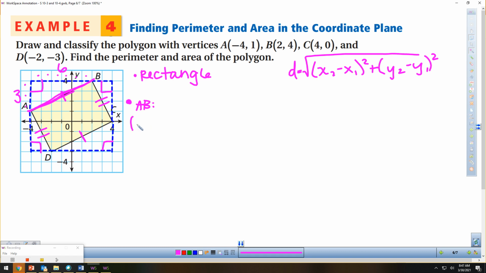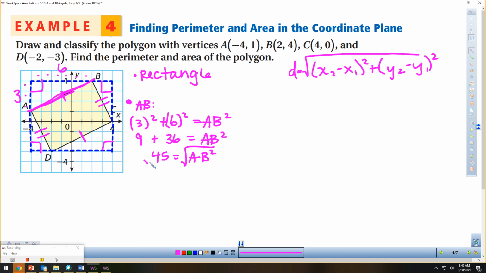So we have 3 squared plus 6 squared equals the length of AB squared. So 3 squared is 9, plus 6 squared is 36. That's the length of AB squared. Add those together, you get 45 equals AB squared.